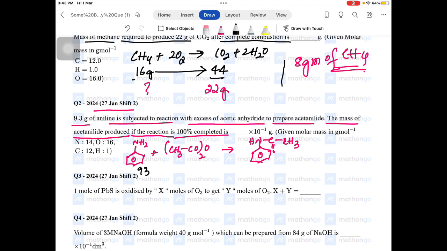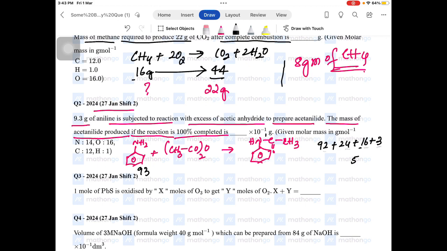To that 93, one hydrogen is replaced by the acetyl group: 92 plus carbon 2 is 24, oxygen 1 is 16, and hydrogen 3. Then we'll get 24 plus 16 plus 3.